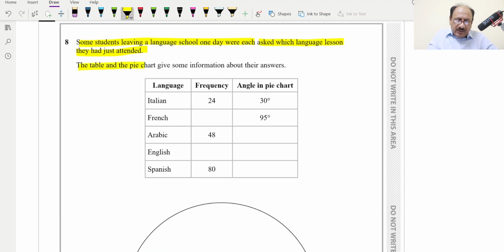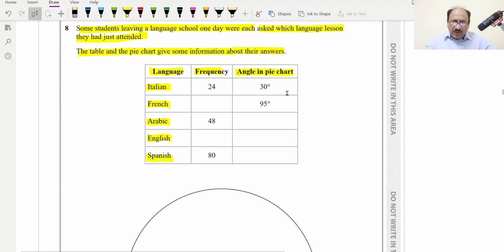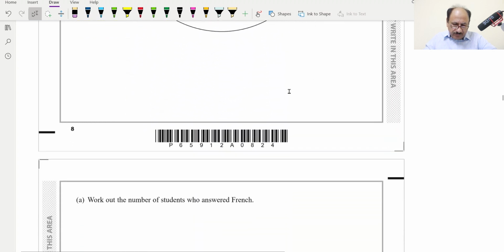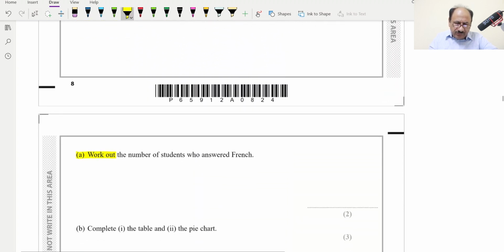The table and the pie chart give some information about their answers: language, frequency, and angle in pie chart. Italian, French, Arabic, English, and Spanish. So this is an incomplete table which they have provided. So we have to complete this table, and part A is to work out the number of students who answered French.